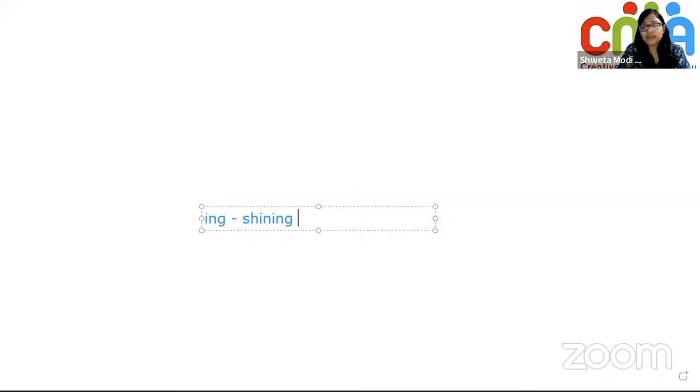But when I write shining star, the word shining is not the action happening, but it describes the star. It has a shining quality. So then shining becomes an adjective. Okay.